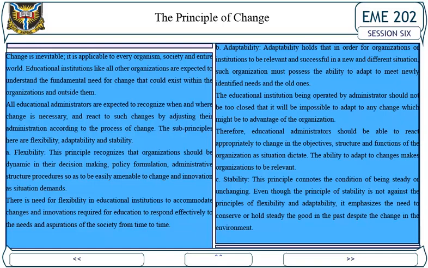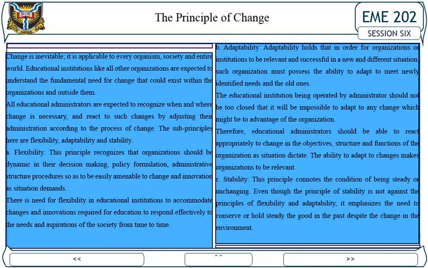Loyalty. This principle demands that every member of the organization must be faithful in performing its duties and relating to other members so that the goals and objectives of the organization can easily be achieved.